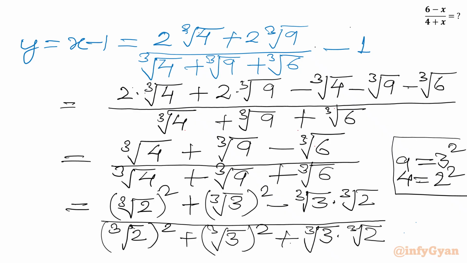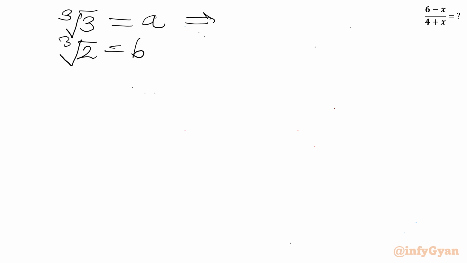Now I will use substitutions. So let me write cube root 3 equal to a and cube root 2 equal to b. So from here I can write a cube will be equal to 3, and b cube equal to 2.